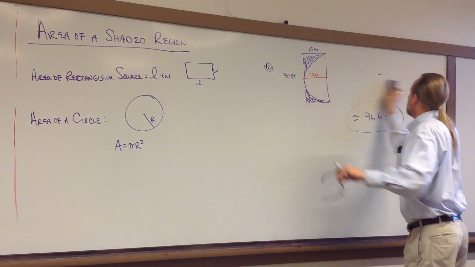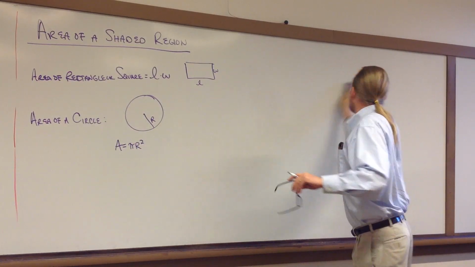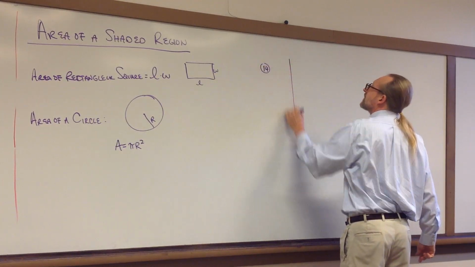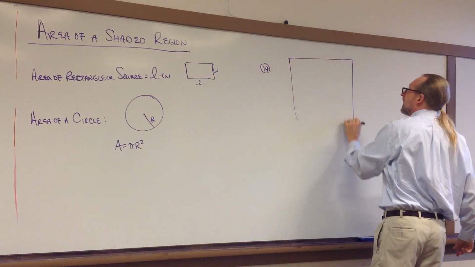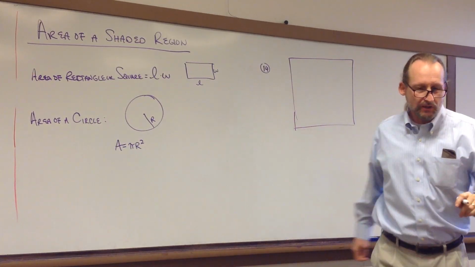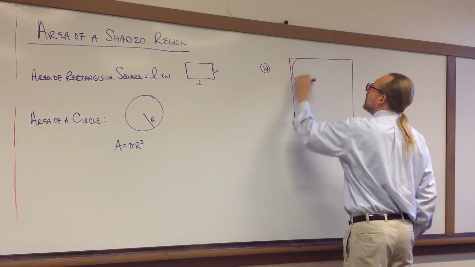Okay, well, let's take a look at one more here. Problem 14. Let's see, I don't know if I'm going to be able to draw this very effectively. What we've got is a big square that then has all these little circles inside of it. So let's see what we can do here.